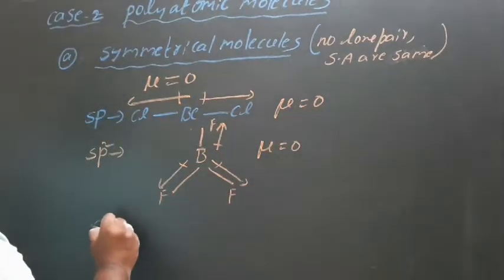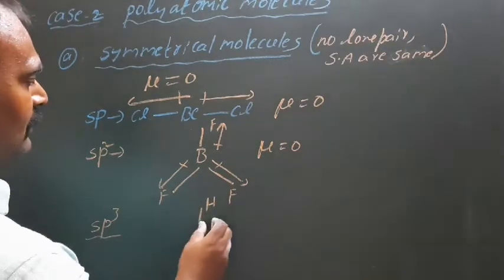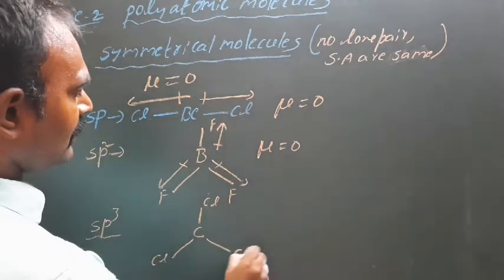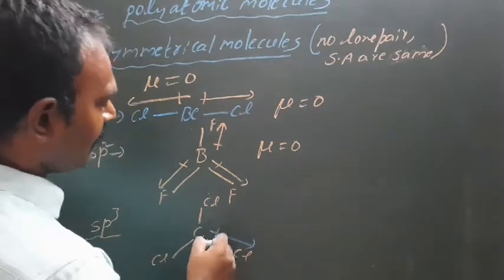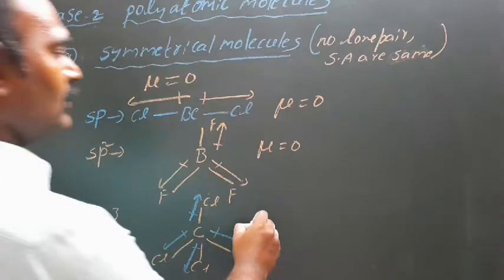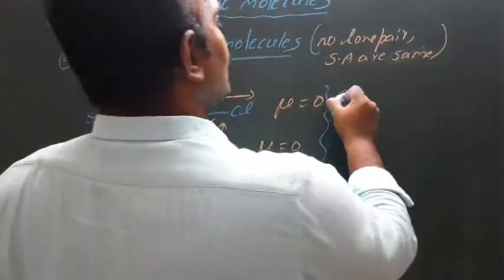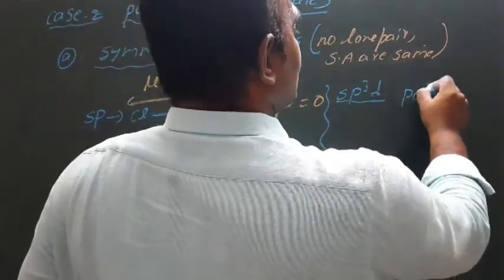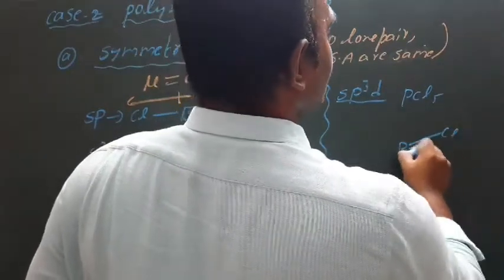Now coming to sp3 hybridization. Suppose we take methane, otherwise carbon tetrachloride. All are similar atoms at the 4 corners, the central atom has no lone pair, only bond pairs. Here also the dipole moment is equal to 0. Now one more example, phosphorus pentachloride, with phosphorus and chlorine atoms.